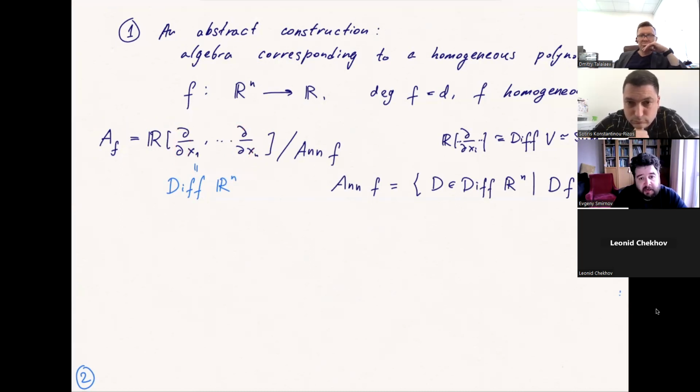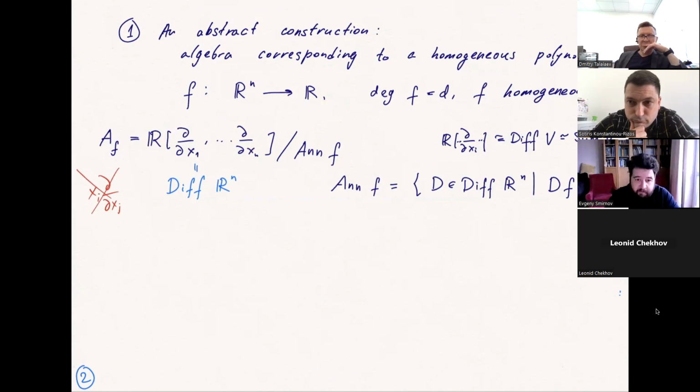And I would like to emphasize that these are differential operators with constant coefficients. So things like, I don't know, x_i d over dx_j do not live there. I'm not allowed to multiply them by functions. I'm only taking scalars. So this is my ring of differential operators.